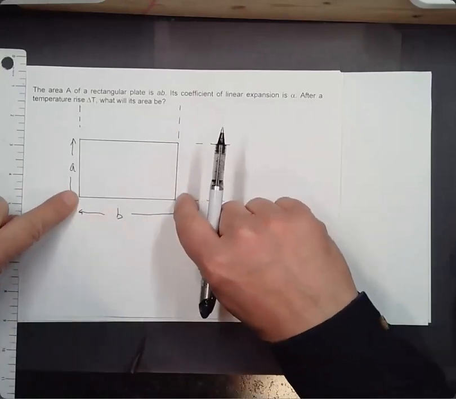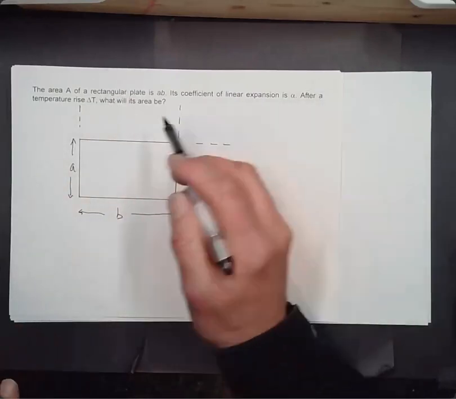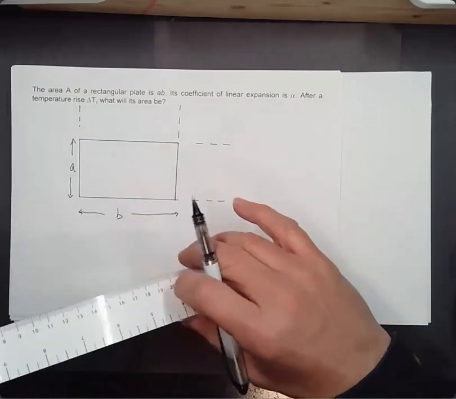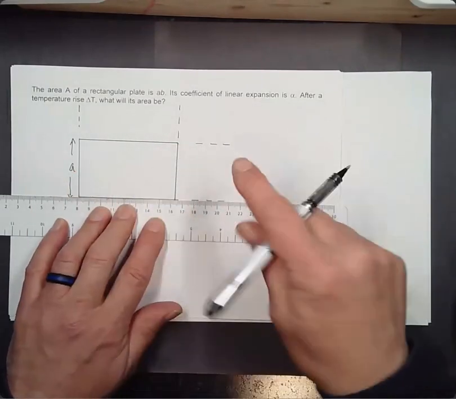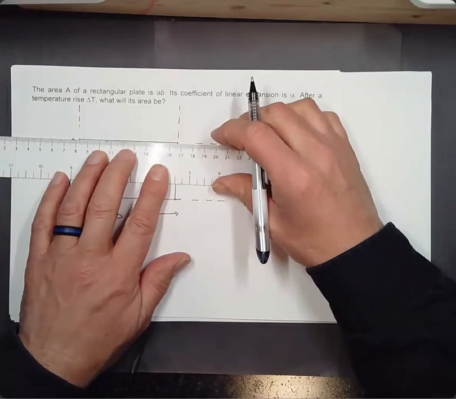It turns out all of the dimensions increase by our thermal expansion with a linear expansion coefficient. And so the dimension in this direction ends up increasing by a little bit.